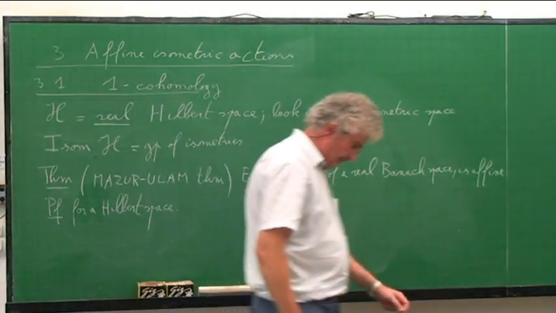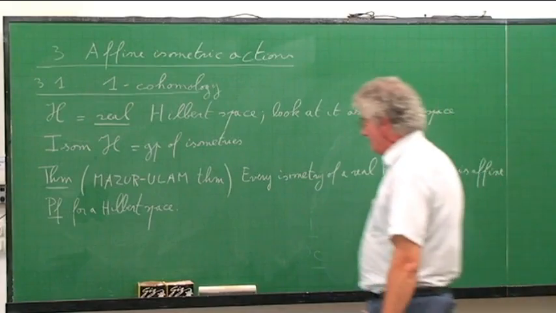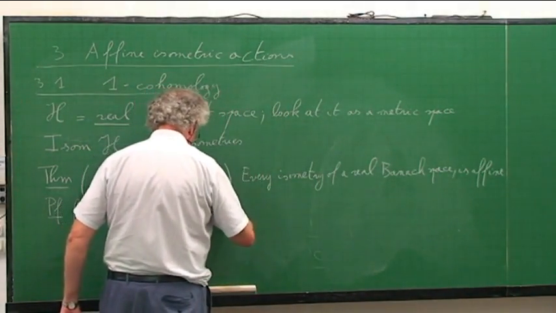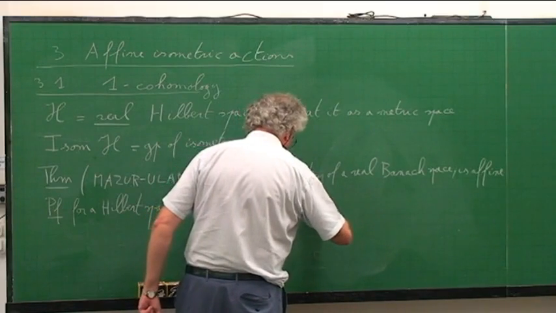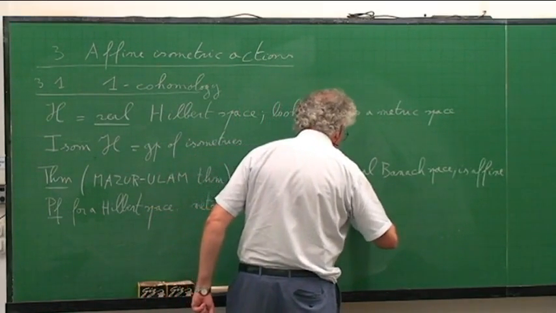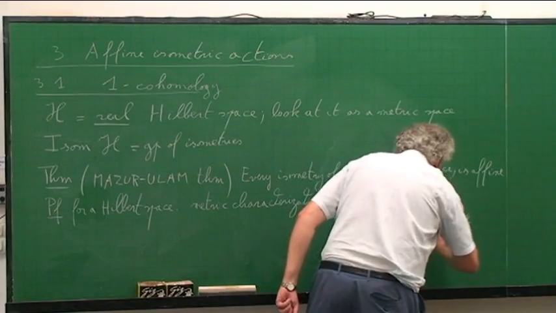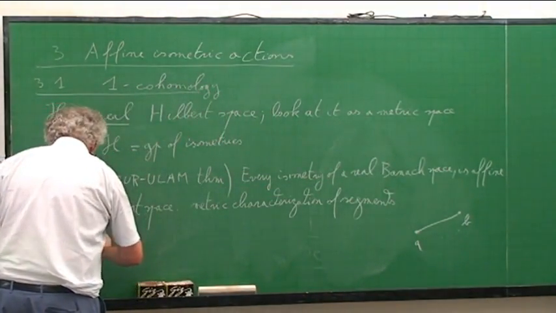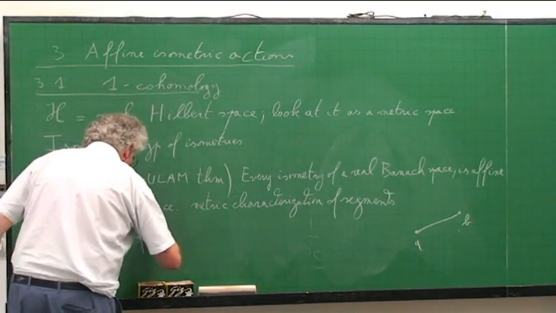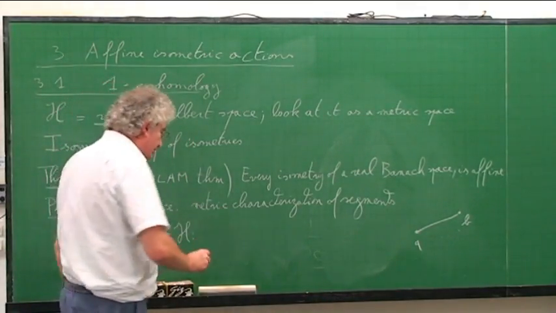What is special about a Hilbert space is the fact that you have a metric characterization of segments. So if you have 2 points A and B in your Hilbert space, you can go to the segment joining them. And the point is that the segment AB is exactly the set of points C for which you have an equality in the triangle inequality.